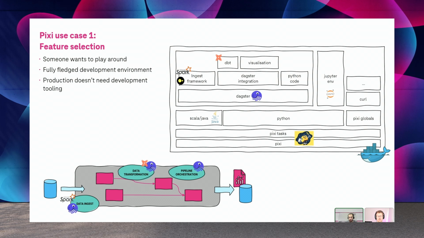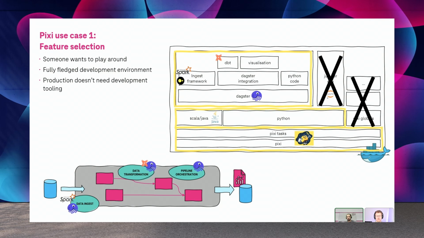Another option is that for the production load, the very last step when this is running in production, we can say we don't need everything that is development. And not every piece of the project is actually using the ingest framework, so we can get rid of Spark, PySpark, and the Java environment on its own.